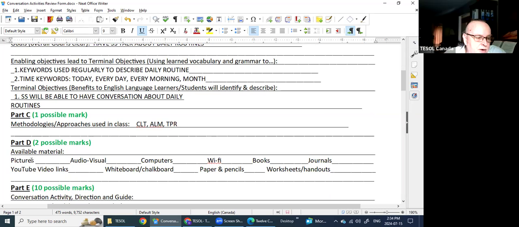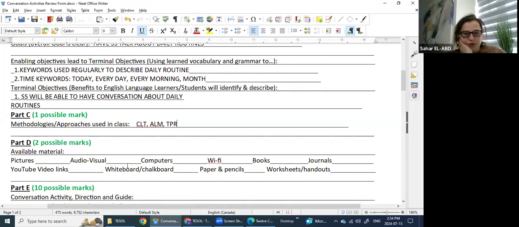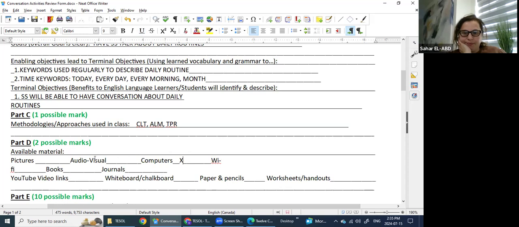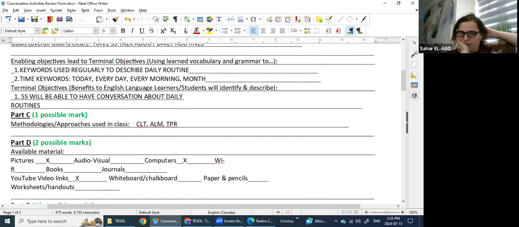What materials out of this list would you incorporate? Computers for sure, pictures for sure. YouTube videos. Papers and pencils. Whiteboard. And worksheets.